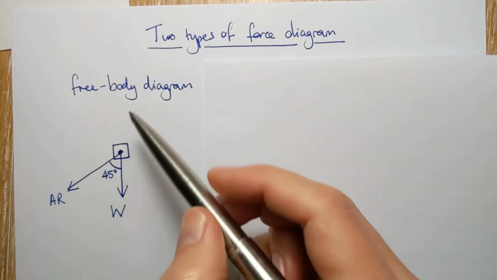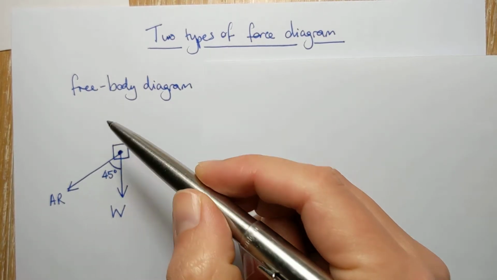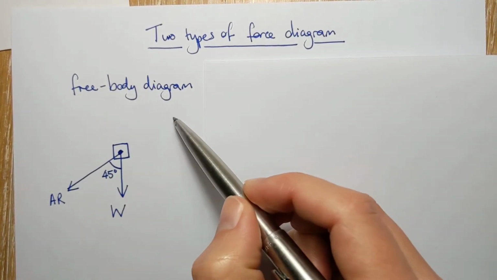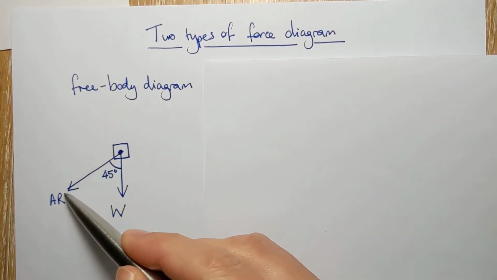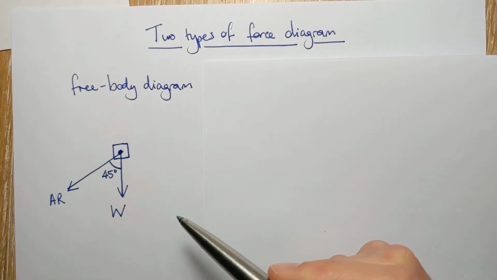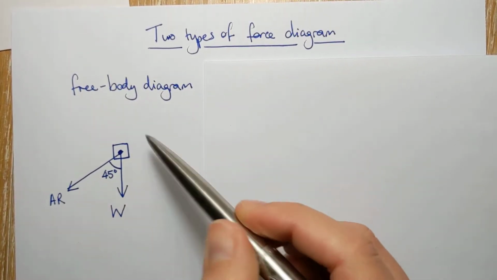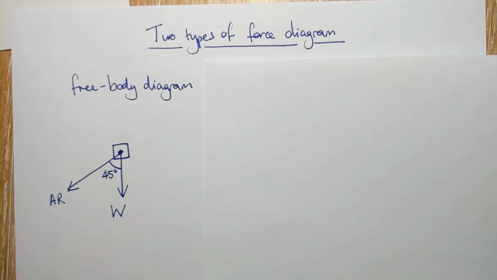My example is a tennis ball that's been thrown, moving through the air this way. We've got a weight force downwards and an air resistance force on a diagonal at an angle of 45 degrees. So that's a free body diagram: one object and the forces acting on that object.